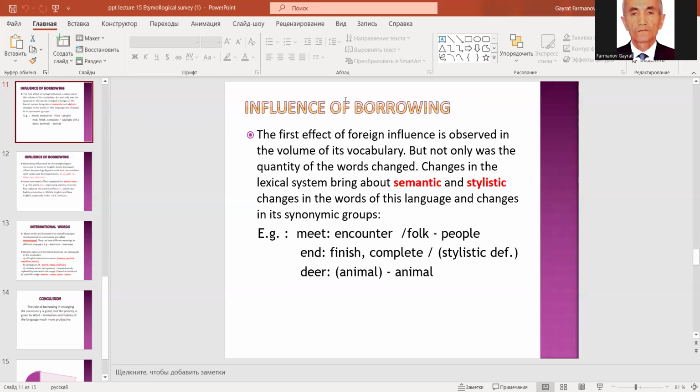Changes in the lexical system bring about semantic and stylistic changes in the words of this language and changes in its synonymic groups. For example, meet, encounter; folk, people; finish, complete; stylistic differentiation, deer, animal.